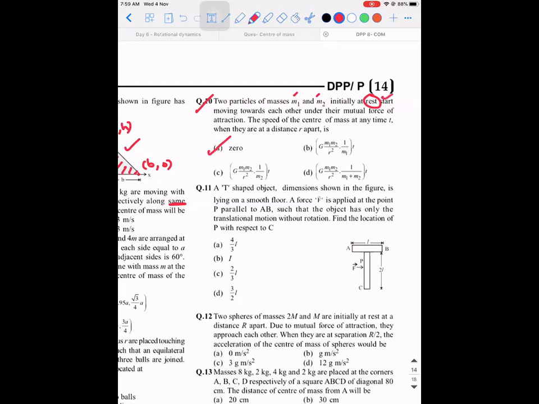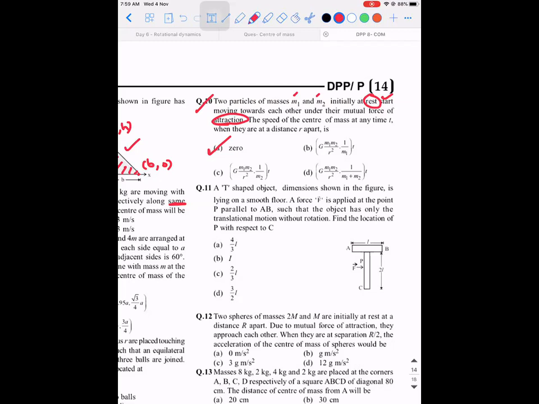Okay, so they are initially at rest, their velocities are 0. So when you calculate the velocity of the center of mass, it is going to be 0. And one more logic: here they have not told gravitational force. It is because of the mutual force of attraction they are moving. So the force exerted by 1 on 2 is the same as the force exerted by 2 on 1. So from here also we can say that it is not going to accelerate.